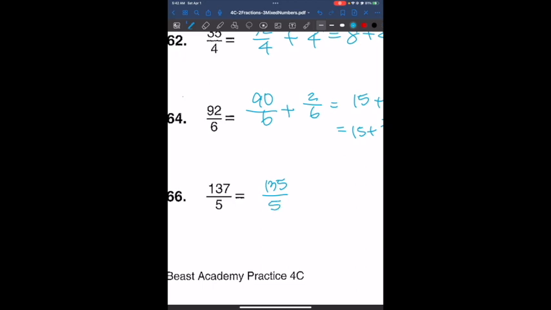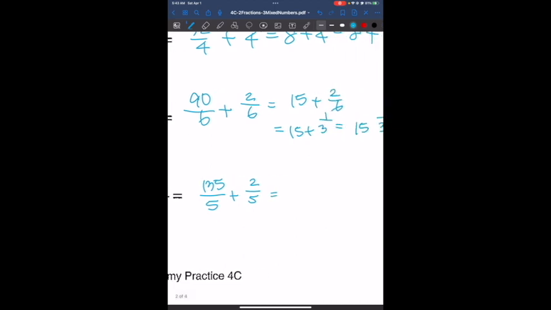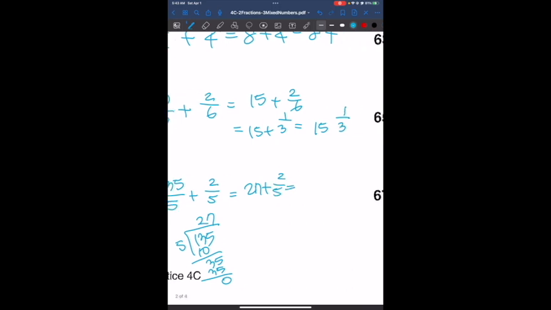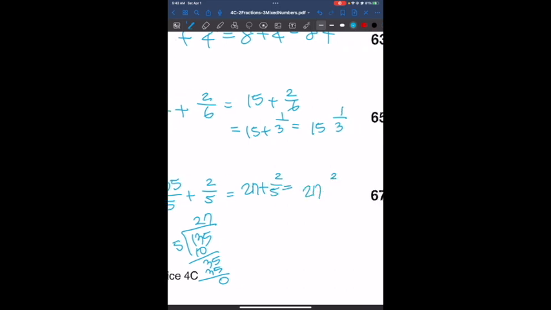Then we have 135 over 5 plus 2 over 5. And 135 over 5 is going to be 27. So this is going to be 27 plus 2 over 5, which is just 27 2/5 as a mixed number.